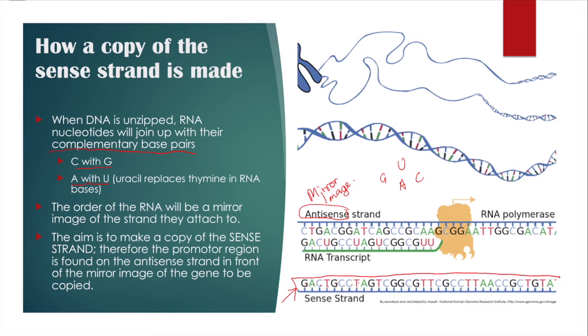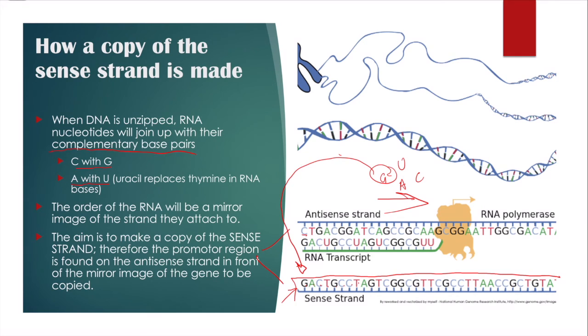So when it's unzipped, the RNA polymerase joins up here and moves along, and he's exposed this C and T and G and A on their own here. Now I'm just going to rub out some of my scribble so that you can have a look at it a bit better. So he's exposed these guys. Well, this G here will come along and he's not going to join up with another G down there.